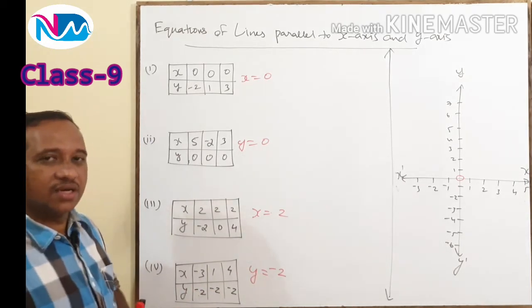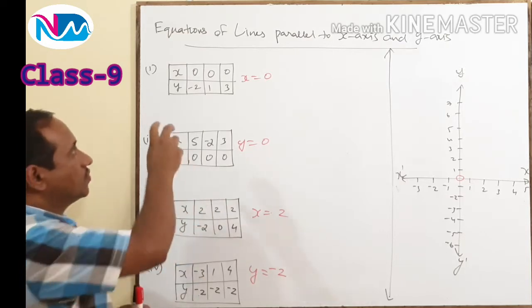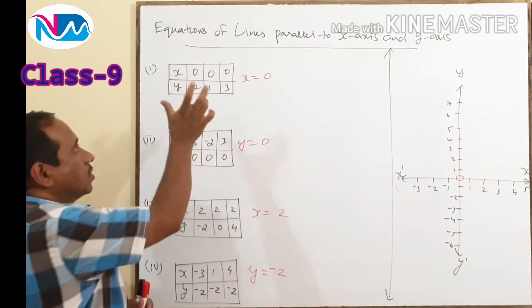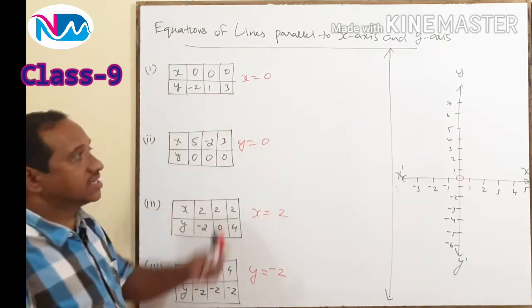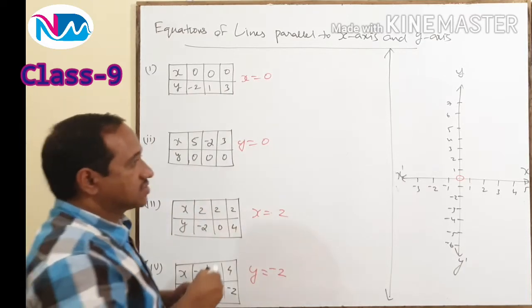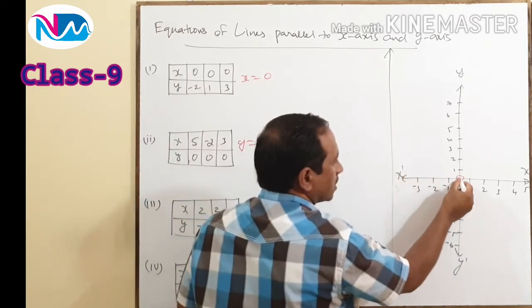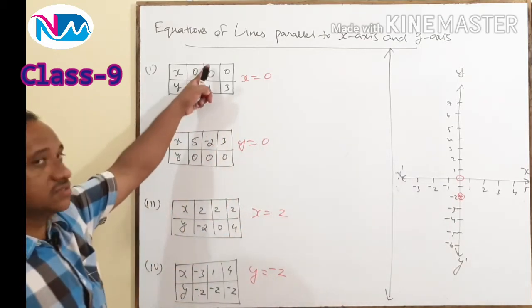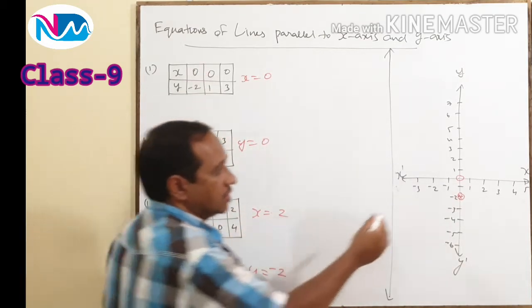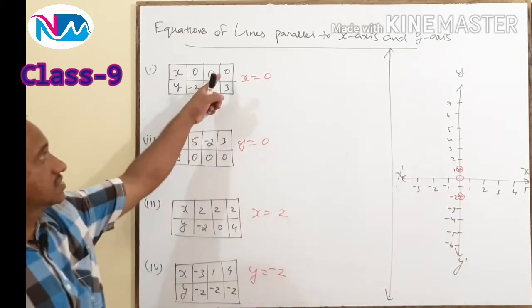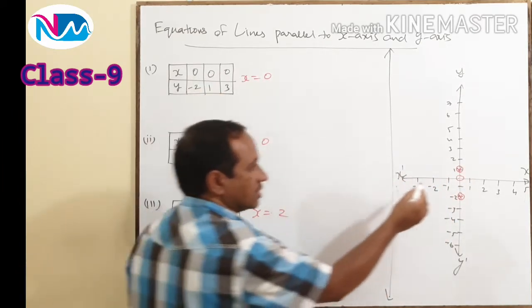Now let us see what we get if we plot these points in the Cartesian plane. So I am going to plot all the points in the first table, that is 0, minus 2. X coordinate 0, y coordinate minus 2 here. X 0, y 1 here. X 0, y 3, that is here.